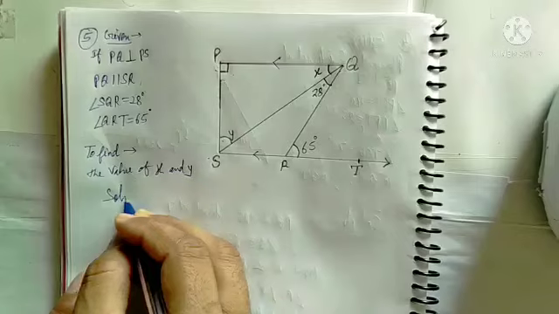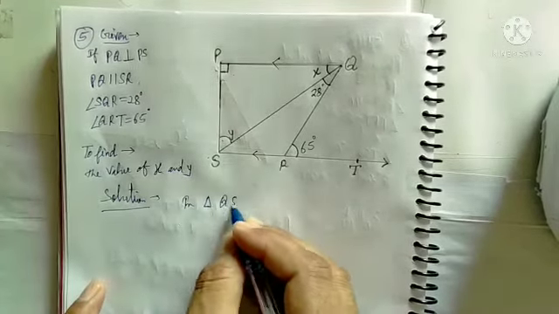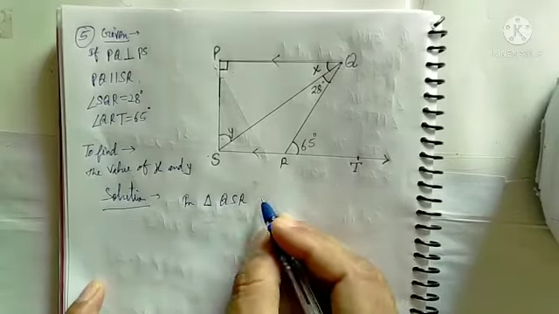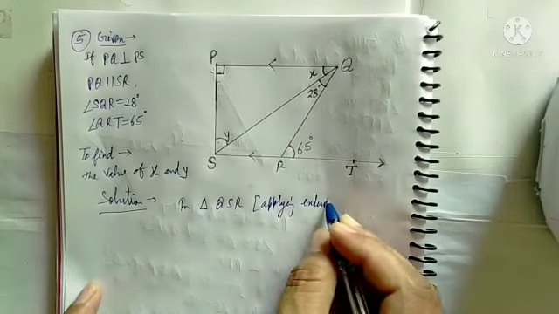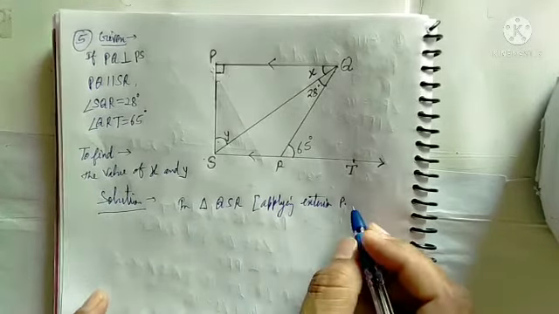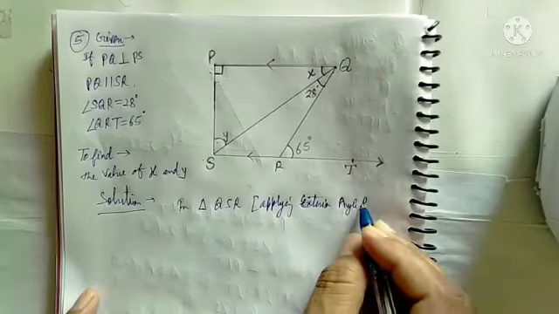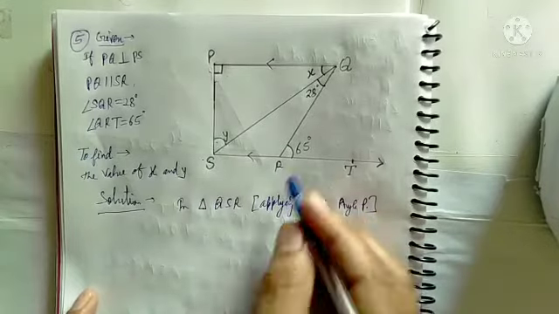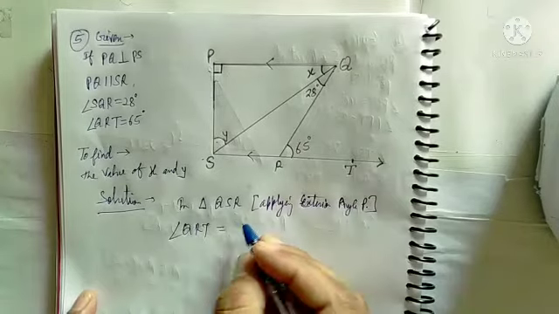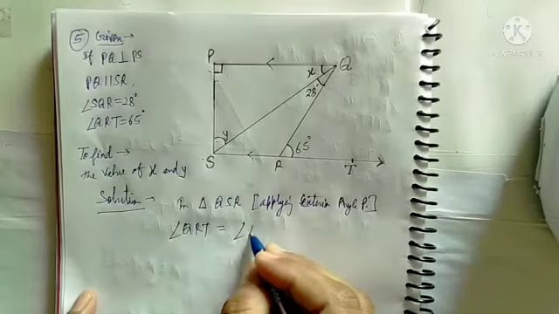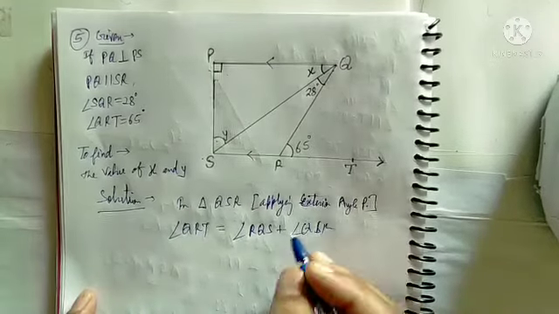So in triangle QSR, applying the exterior angle property, angle QRT, this 65, is equal to 28, that is angle RQS, plus angle QSR.